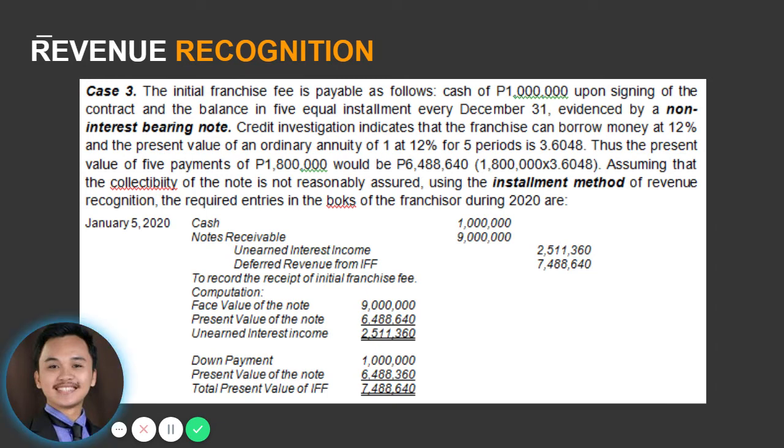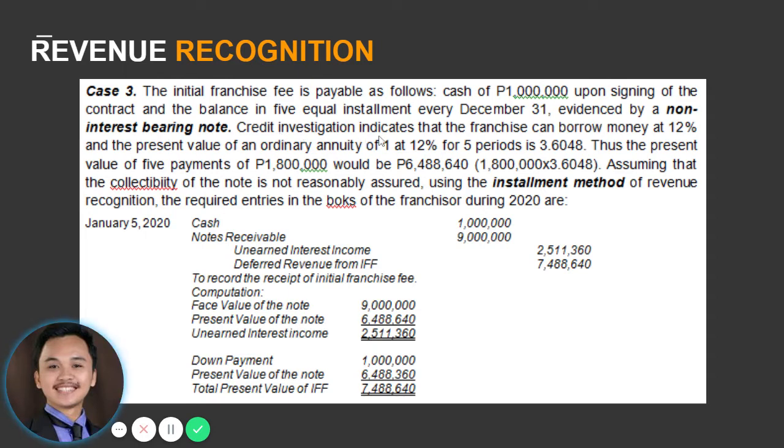So therefore, in this case, for example, the initial franchise fee is payable as follows: 1 million upon signing of the contract and the balance in 5 equal installments every December 31 evidenced by a non-interest bearing note. So that means your 9 million is evidenced by a non-interest bearing note.